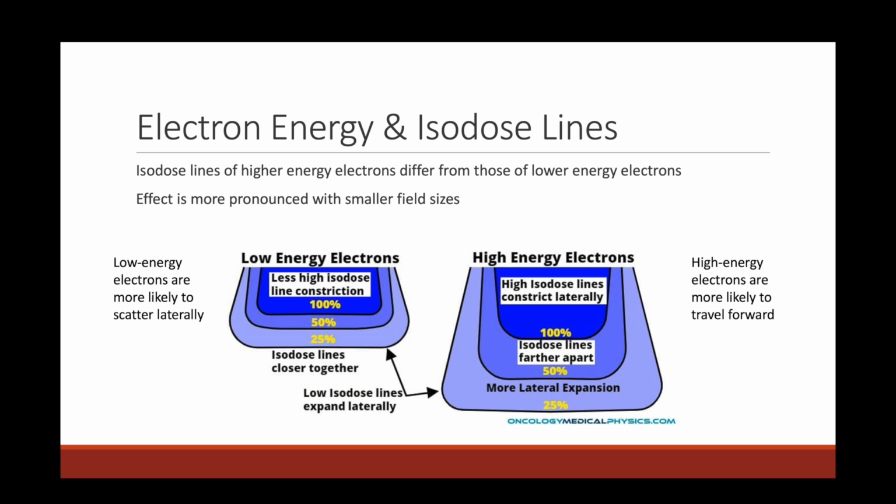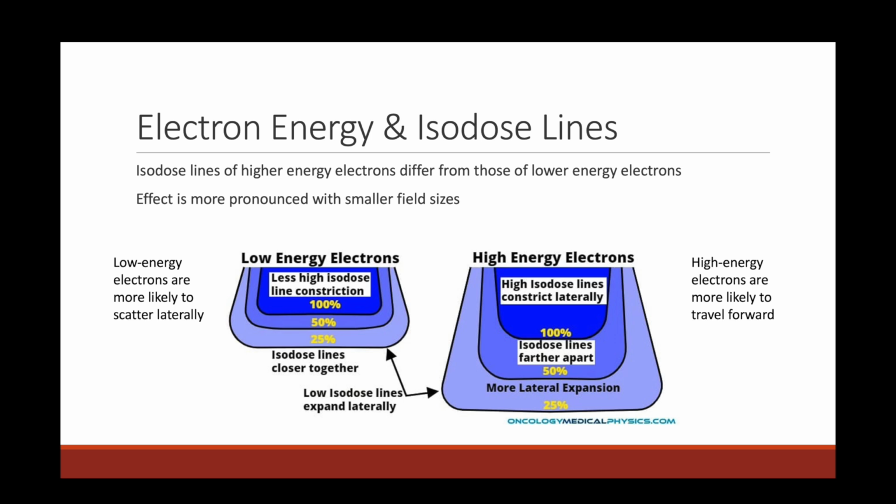For low energy electrons, by the time we get deep enough to those low isodose levels, the isodose lines start sticking closer together. But for high energy electrons, the low isodose lines are further apart. That has to do with the range straggling that we talked about earlier in this talk.